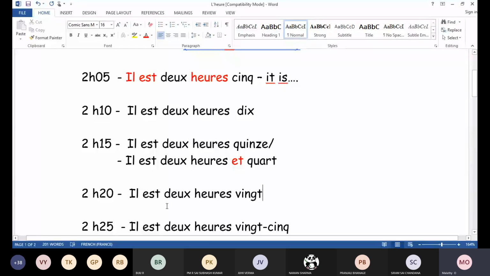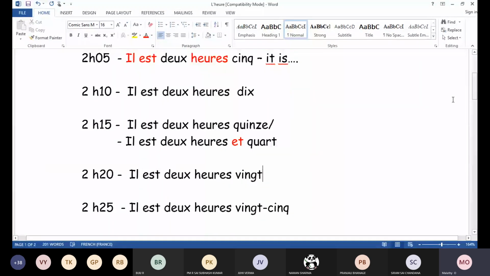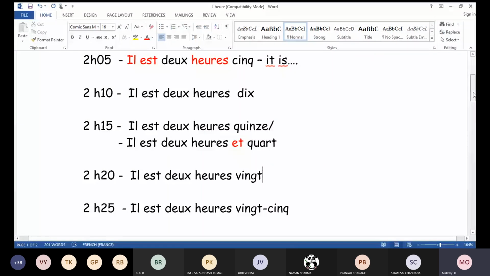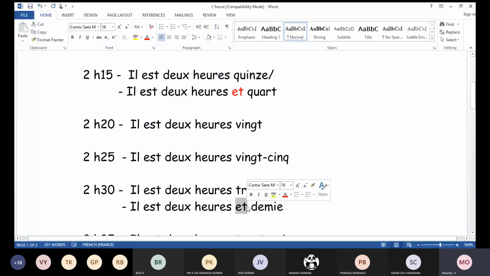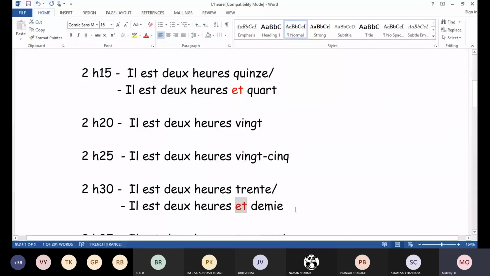So il est 2h20, the next one. It's 2 hours 20. And il est 2h25. It is 2 hours 25. I'm just expressing the same hour with different minutes for your convenience so that you would grasp it easily. And you can see the word et used here again for 2h25, the second place.